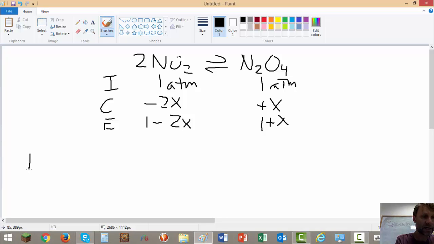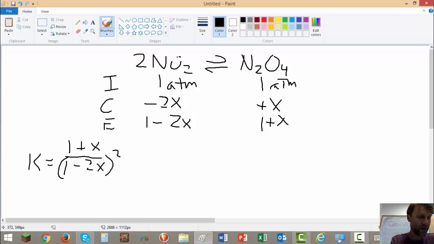So K then equals 1 plus X over 1 minus 2X, squared. Unfortunately we have to use the quadratic formula, but nowadays that's not too tricky. So 1 plus X over 1 minus 4X plus 4X squared.